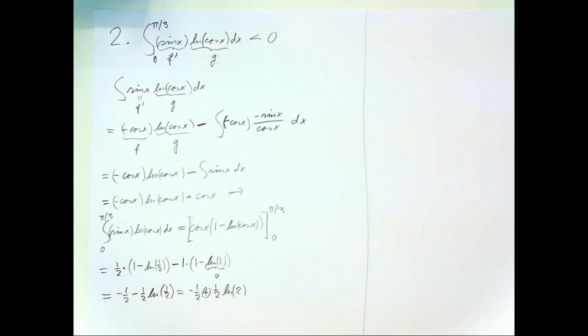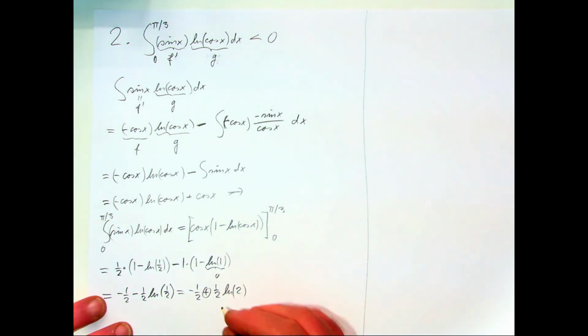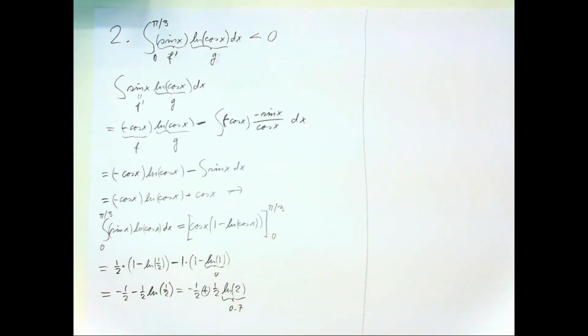And now maybe somebody can tell me, how large is this number approximately? Without using the calculator. Well, we know ln of 2 is approximately 0.7.